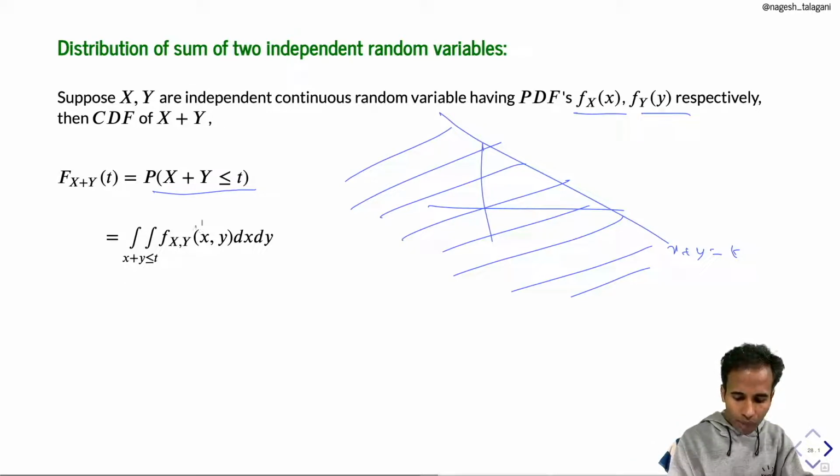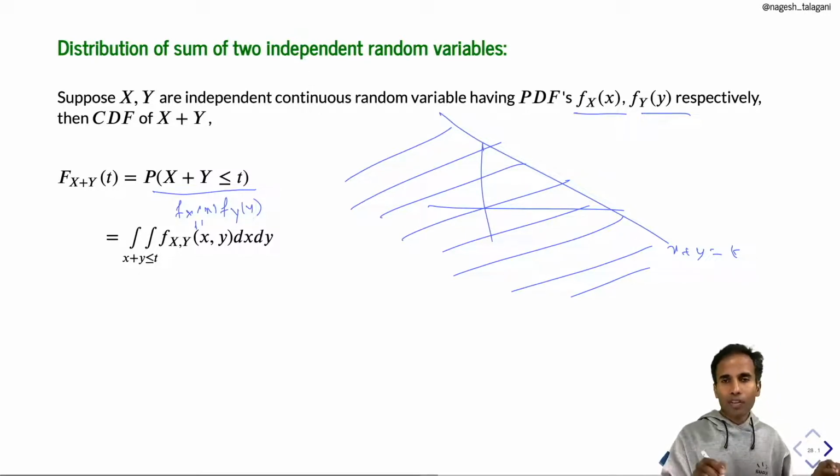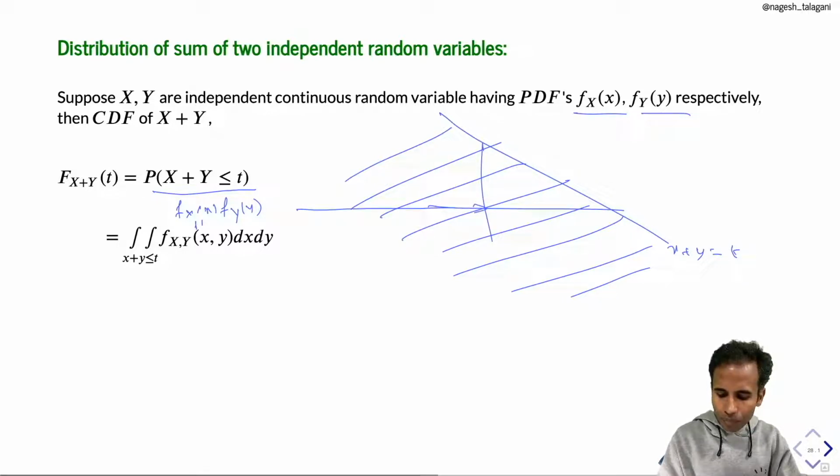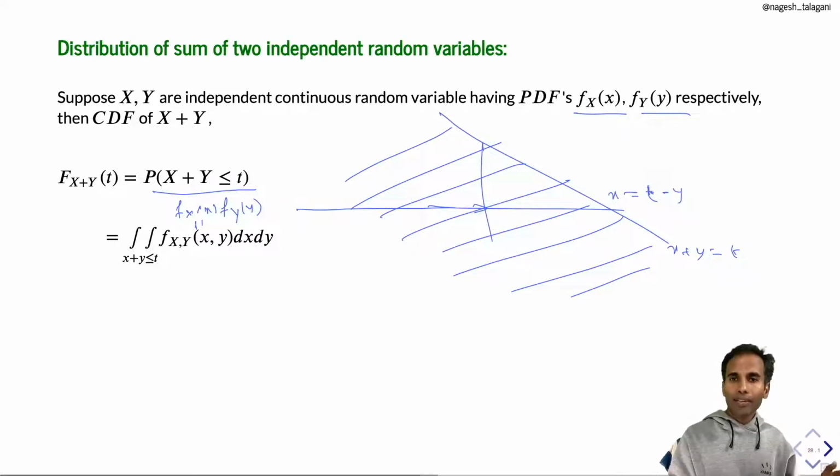So the joint PDF is the product of its marginal PDFs, fX of x times fY of y. Now if I integrate first with respect to x, then with respect to y, the x limit is going to be from minus infinity to t minus y, and the y limit is going to be from minus infinity to infinity.